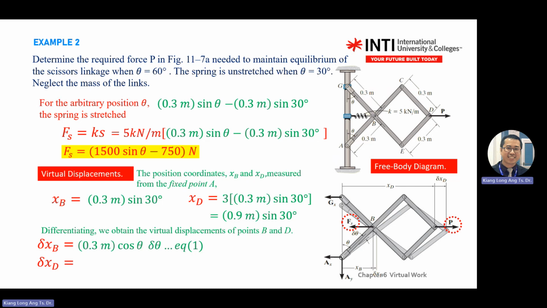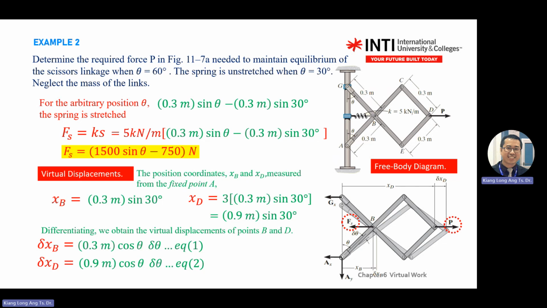And xd is 0.9 because you have 3. So as you can see, xd, delta xb and delta xd are actually related.